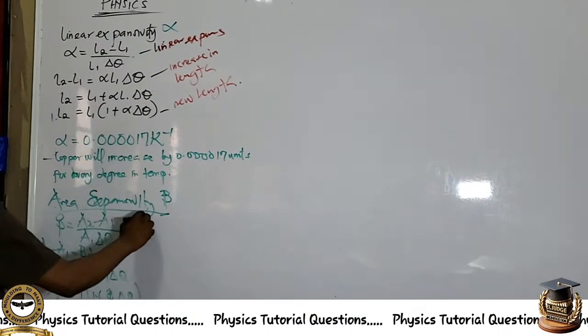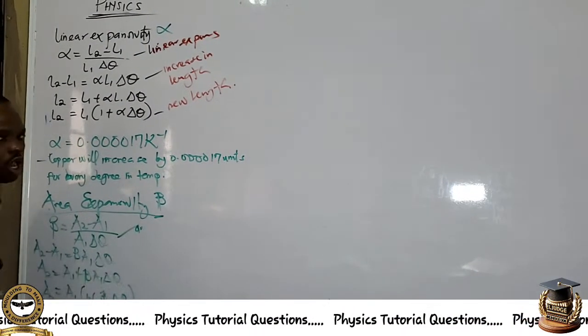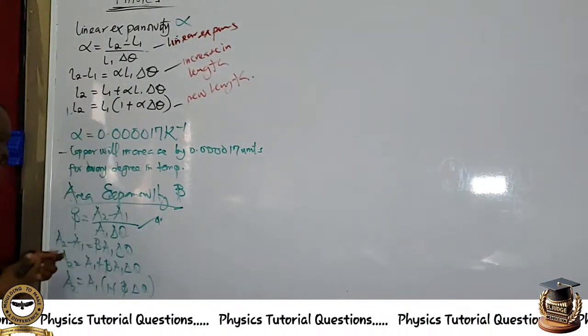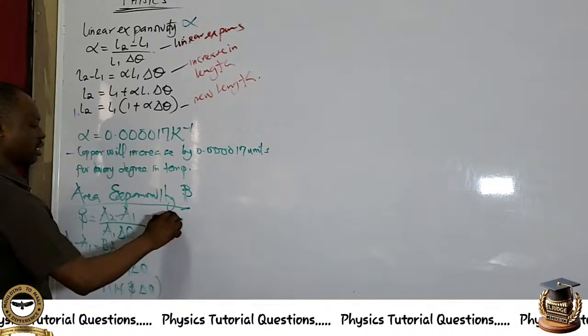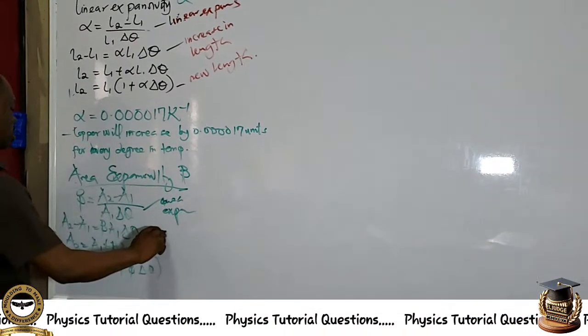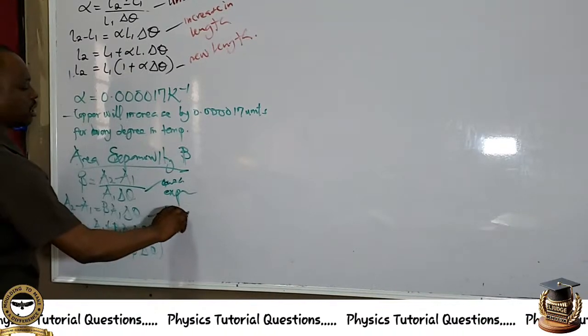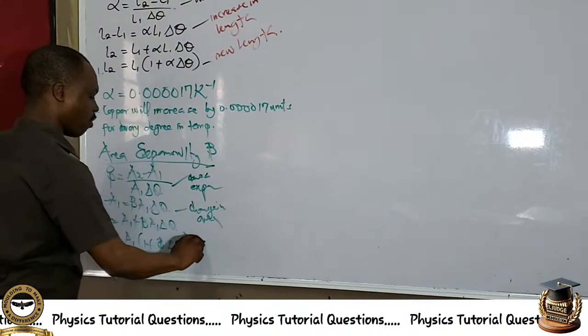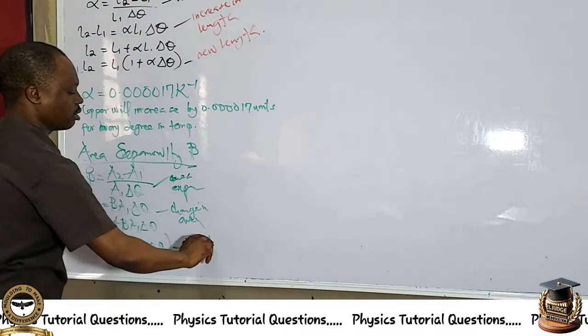So this is the formula for area expansivity, or another name for it is superficial expansivity. This is the change in area, this is the formula for change in area, and this is the formula for new area.